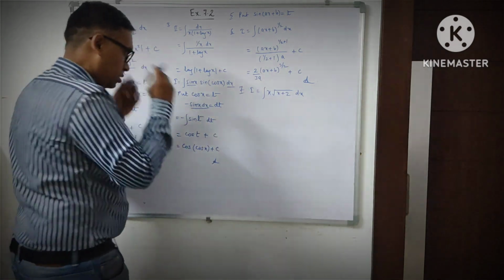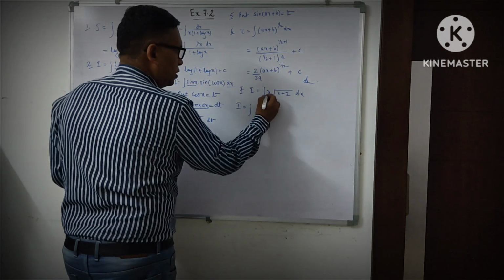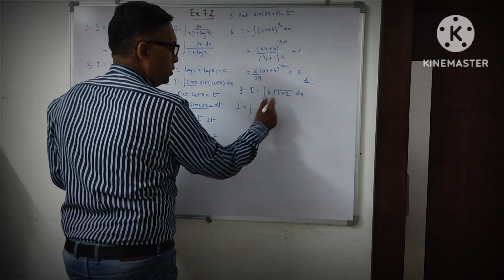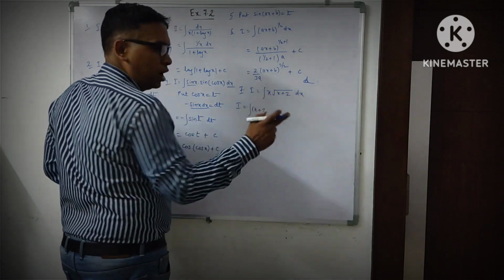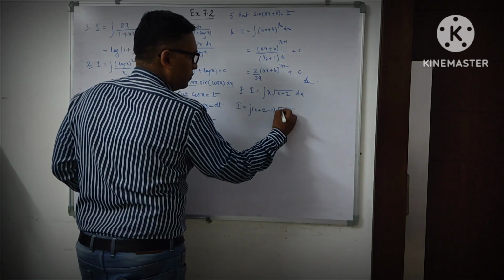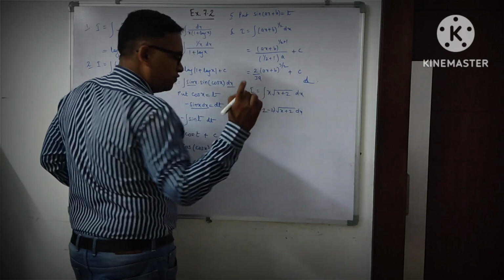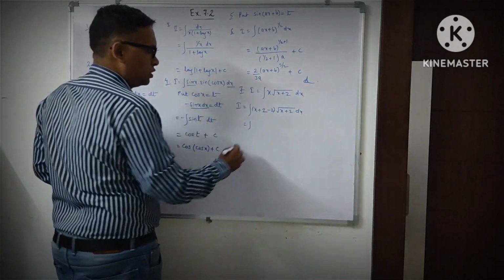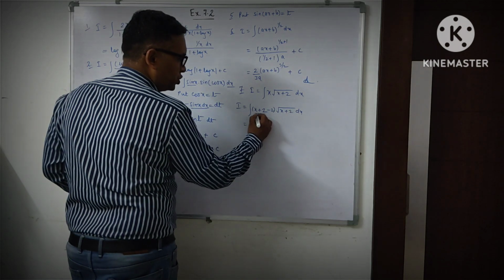Just check. I is equal to the integration of, what is there with x? Plus 2 is there, so I am writing plus 2 with this x, and to compensate this plus 2 I am writing minus 2 with the same one. Now if we go with the multiplication process, first the multiplication of this under root with this expression.